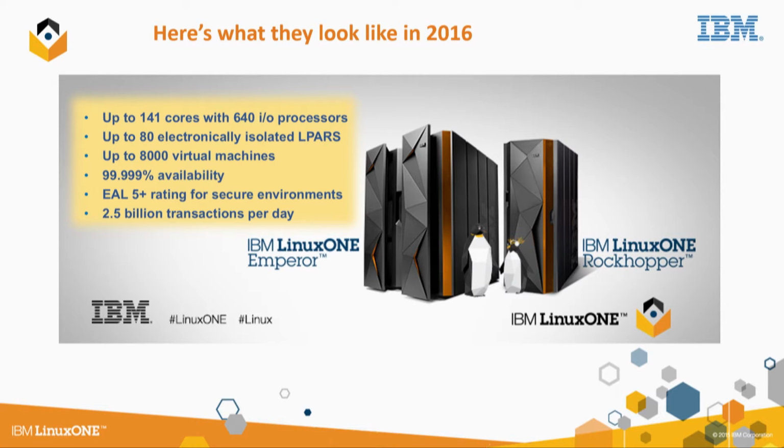And if you buy a Z13, it can run either Linux or another operating system, which I'll talk about in a sec. The larger box can have up to 141 cores with actually up to 640 coprocessors only doing I/O. So it's an I/O supercomputer.